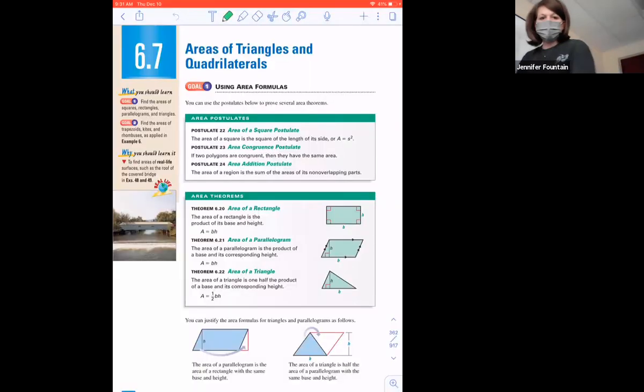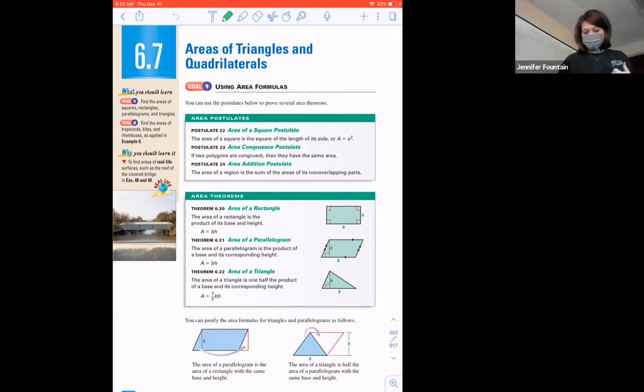So in this section, 6-7, we were dealing with areas of triangles and quadrilaterals. And then we moved on to work on the area of a kite, a trapezoid, and a rhombus.